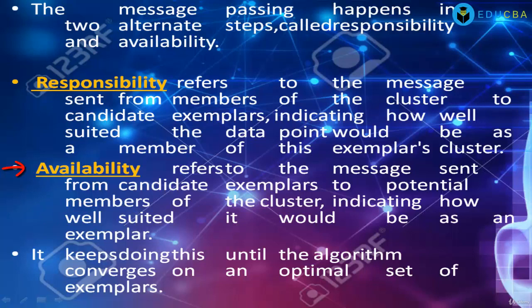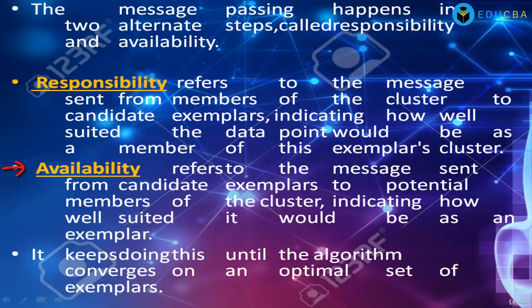Availability refers to the message sent from candidate exemplars to potential members. It is in a different direction. The message is sent from candidate exemplars to potential members of that cluster, indicating how well suited it would be as an exemplar.